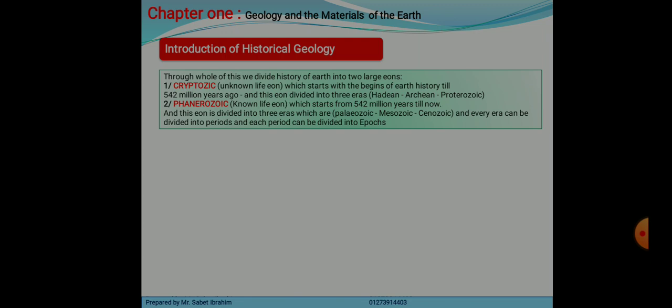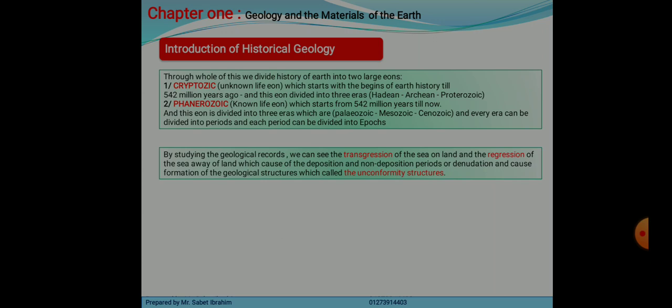Every era can be divided into periods, and each period into epochs. Studying the geological records, we can see transgression of the sea on land and regression of the sea away from land, which cause deposition and non-deposition periods, or denudation, and the formation of the unconformity structure.